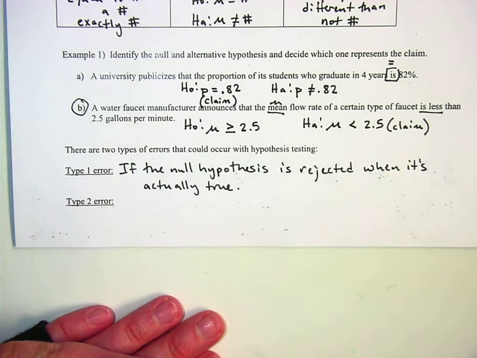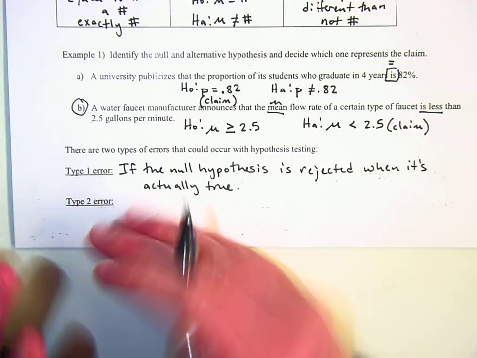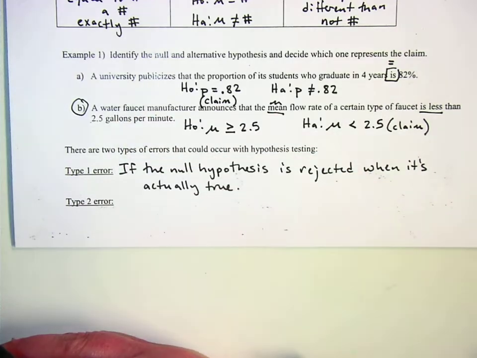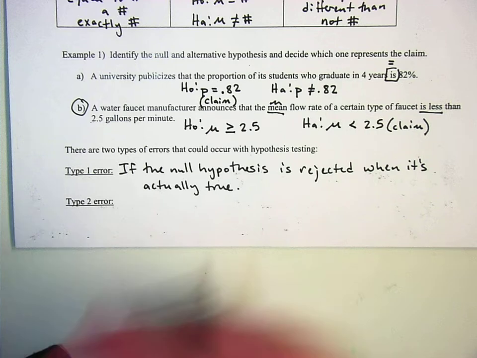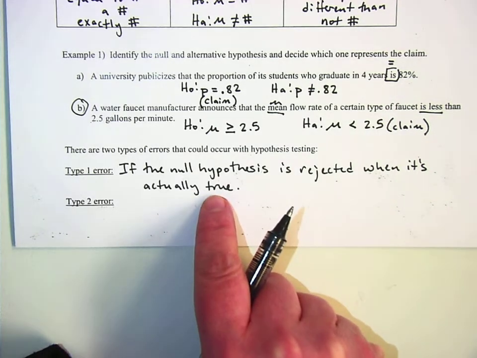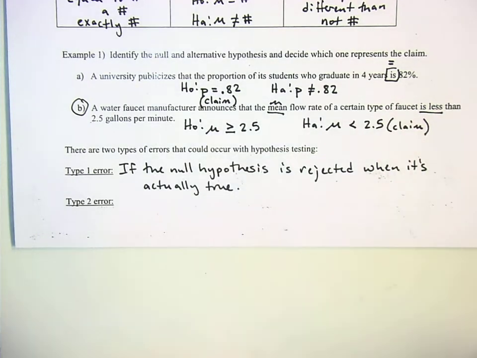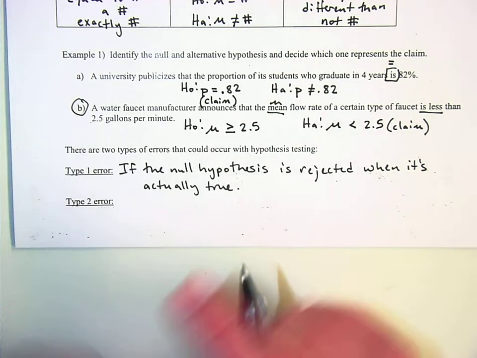So this means that you have a null hypothesis and your process, your experiment, you end up rejecting it. You say, nope, the null hypothesis is wrong, but in actuality, it's actually true. And it's not that you did the math wrong, it's that you got a weird enough sample that you believe it's true. And we'll talk about examples of this in a minute.